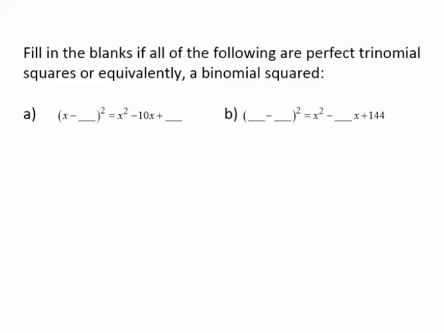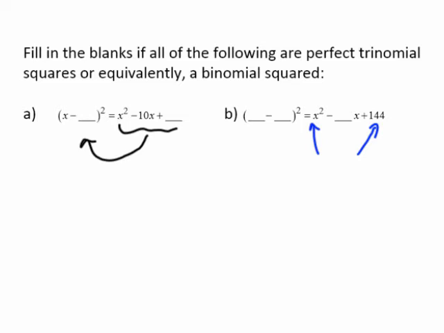We want to fill in the blanks here so that the following are perfect trinomial squares. Okay, so what we're saying is we want to create a trinomial that will factor as a binomial squared. And I'm actually going to start with a second example, because here I have my two end terms given in my trinomial, and you'll notice that they are both perfect squares.